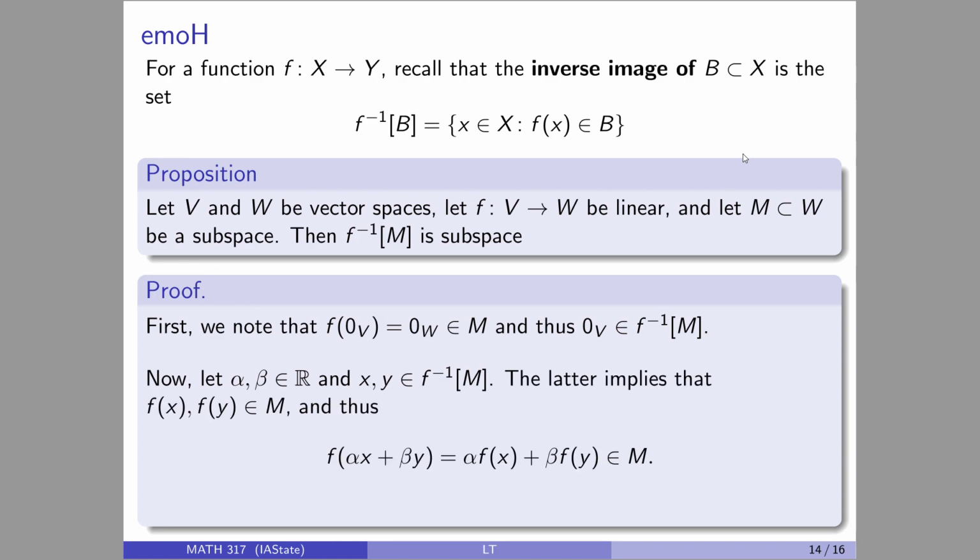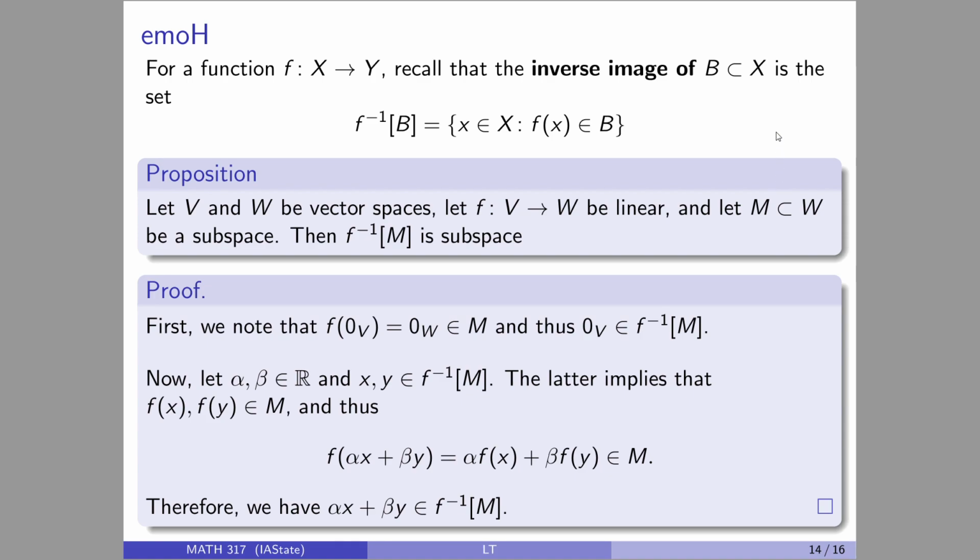Now, because we live in the inverse image, that means the outputs have to live in M. And now by the linearity, because the outputs live in M, that means the linear combo lives in M. That ensures that linear combos do not escape the inverse image, right? Because their output lands you in the set M.